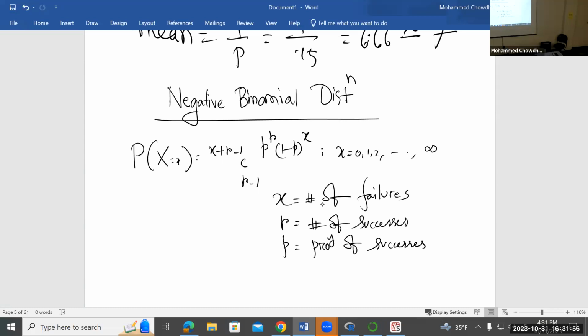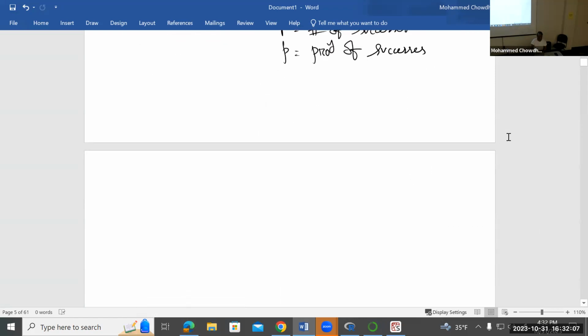Understand? So for example, let me write something here. Each of you is trying to catch 4 fish. There are 8 people here. So you are trying to catch fish: failure, success, failure, success, failure, success.